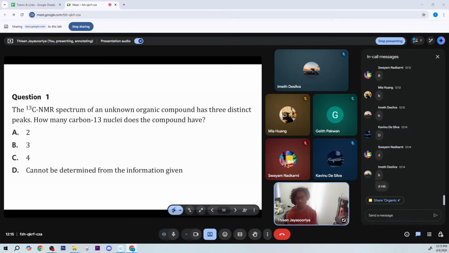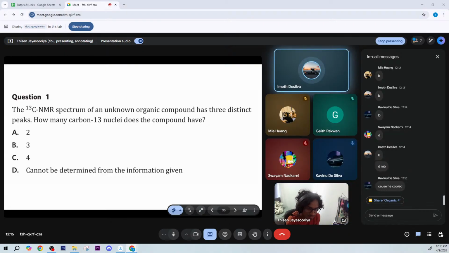Emeth, can you explain why you changed your answer to D? It's a bit difficult because you can't say that there's just 3 peaks, since there's usually a value underneath these peaks, but we don't have that value, so we can't necessarily determine it.